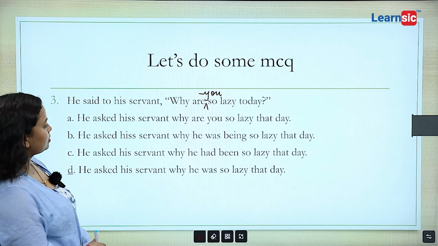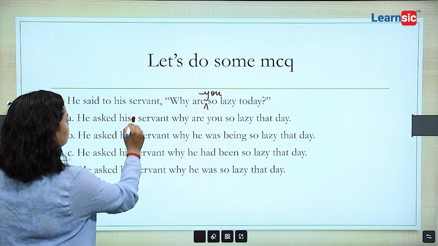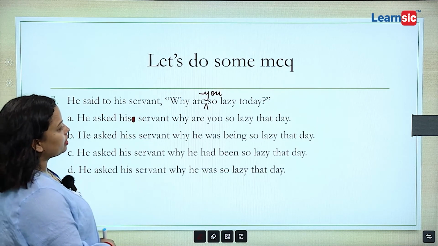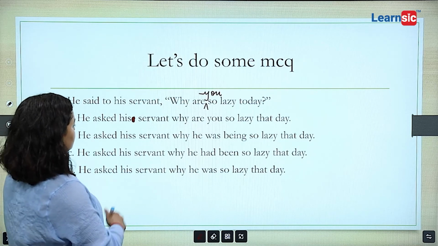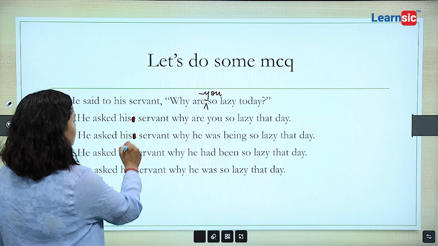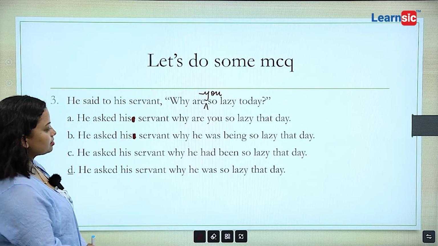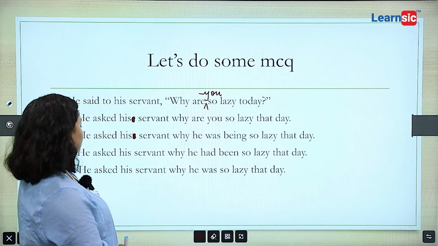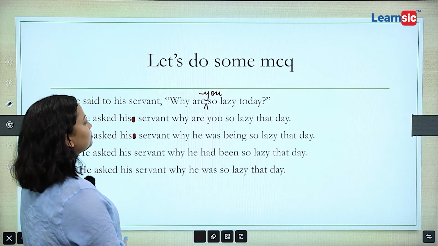He asked, oh, यहाँनिर एउटा mistake रहेछ. He asked his servant, "Why are you so lazy that day?" He asked his servant why he was being so lazy that day. He asked his servant why he had been so lazy that day. He asked his servant why he was so lazy that day.